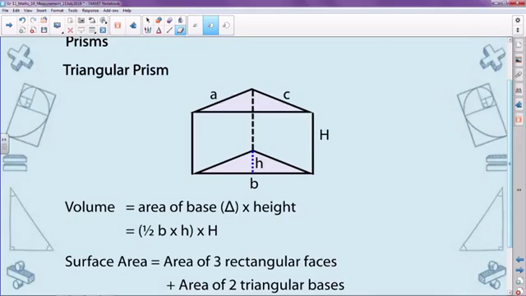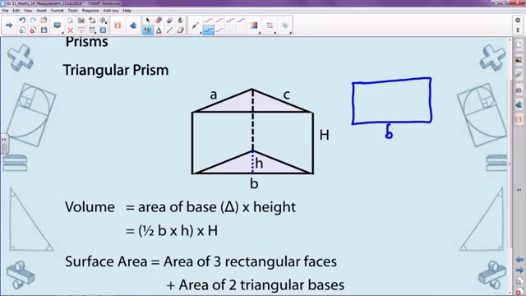The front part, okay, the front part, you've got a B and an H, capital letter H, all right? And then the one on the side, there's that H, and then a small letter h on the other side. And then you've got the other one, which is going to be the same as that.